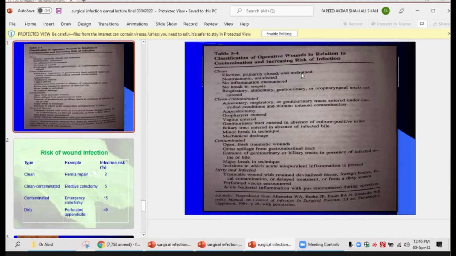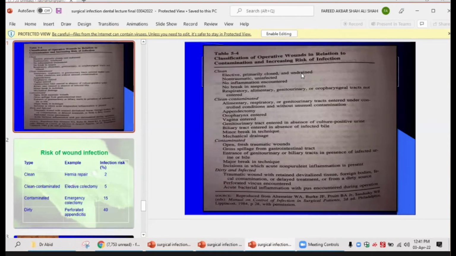So the intestine has multiple layers, and the innermost layer is called the mucosa. So if I am cutting the intestine, but stopping before I cut the mucosa, it is called a clean surgery. The moment I cut the mucosa, it will change into a clean contaminated surgery.